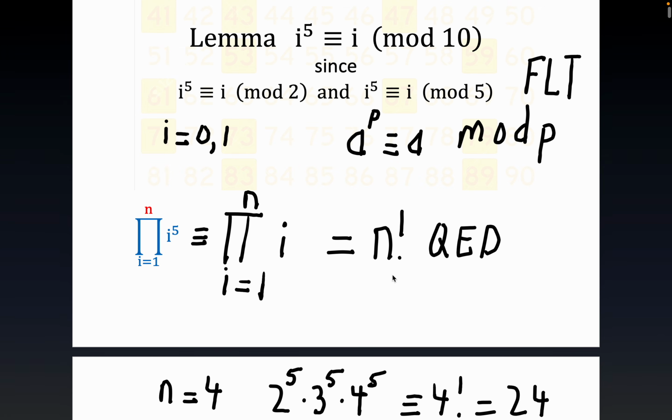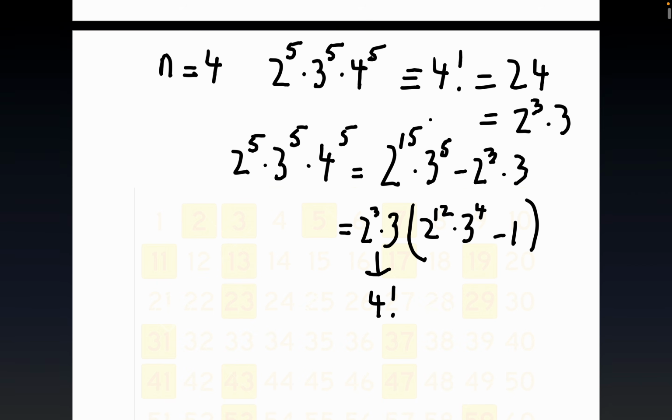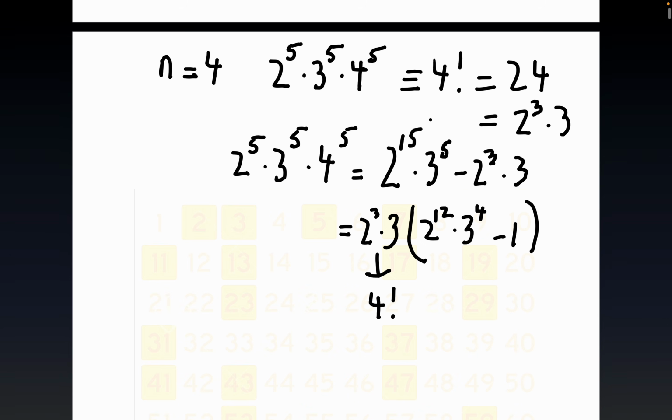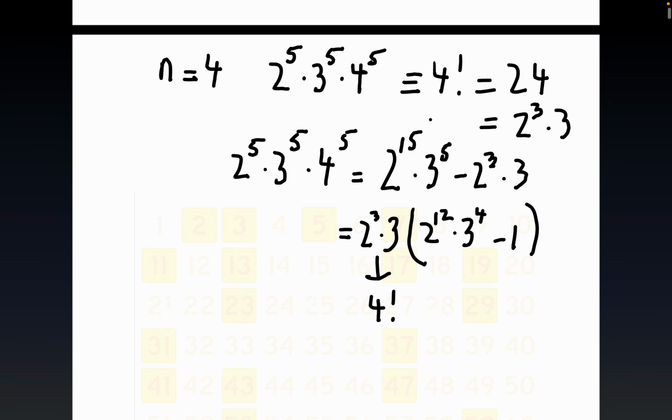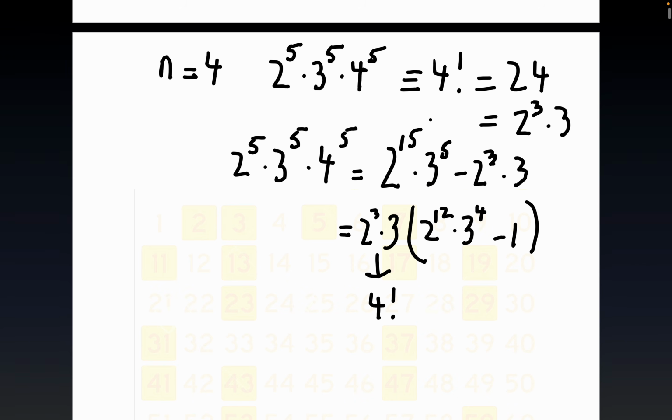A lot of people don't like congruence because they don't believe it. But this means that if you subtract this from this, it's going to be a multiple of, I'm sorry, I should have said 10 here. Let's see, is that a multiple of 10? 2 times 5, this is 2.